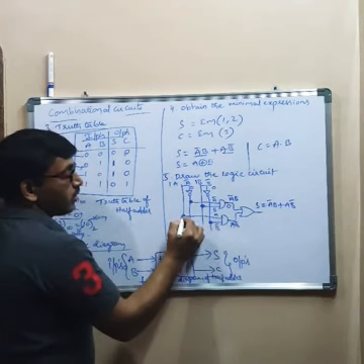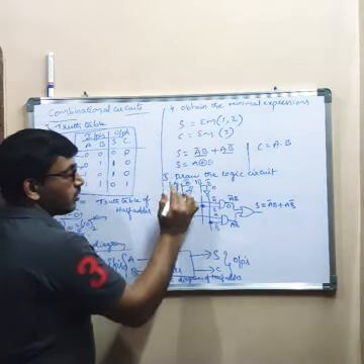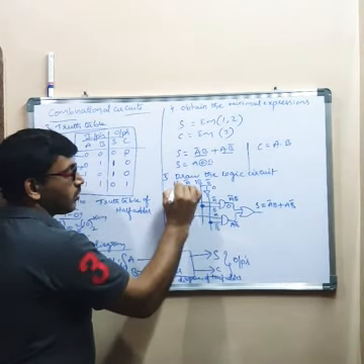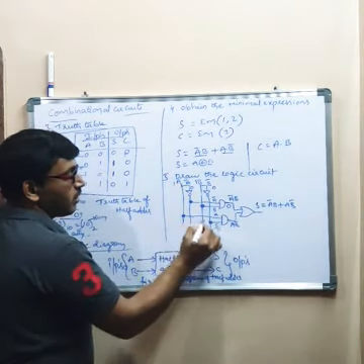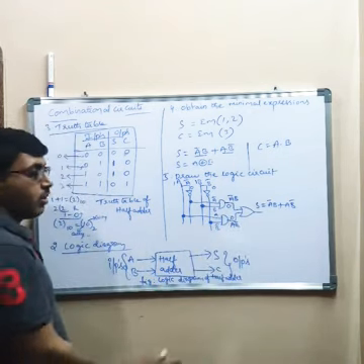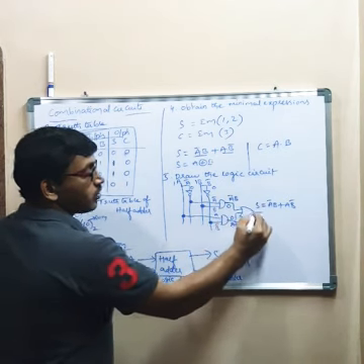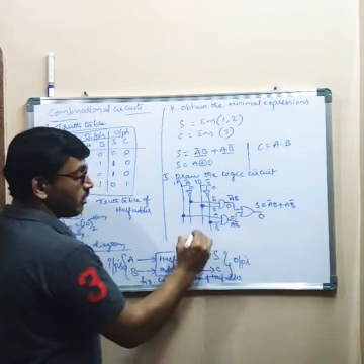Here we have connected 1 and we have connected 0. 1 dot 0 will be 0. Next 0, 0, sum 0.